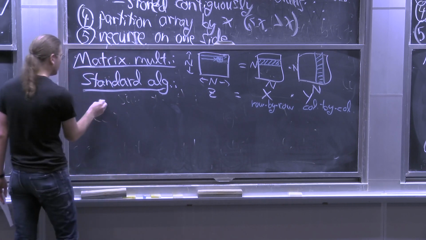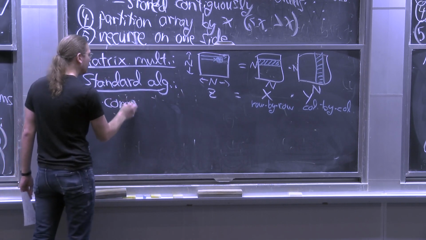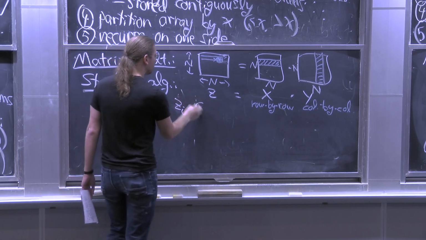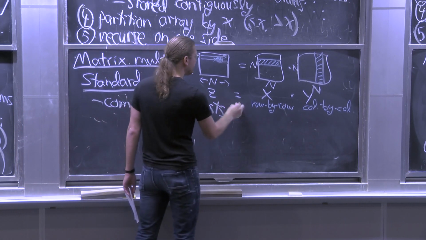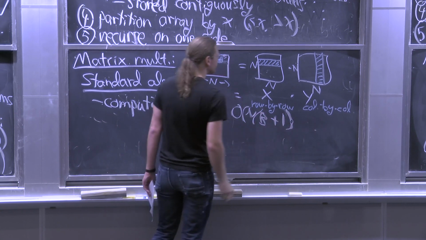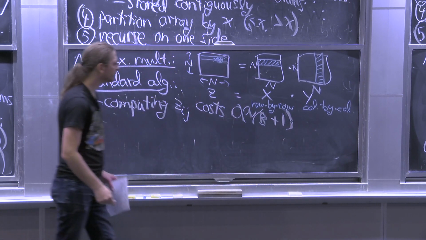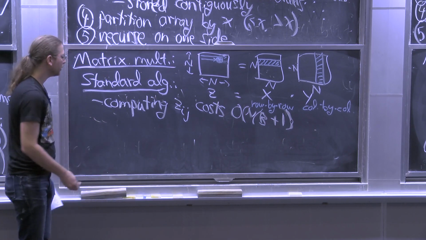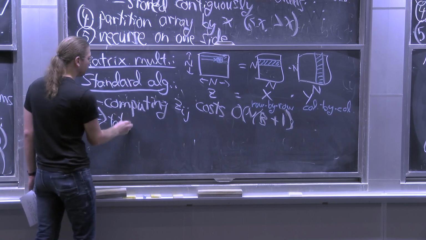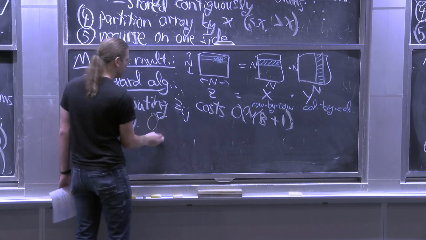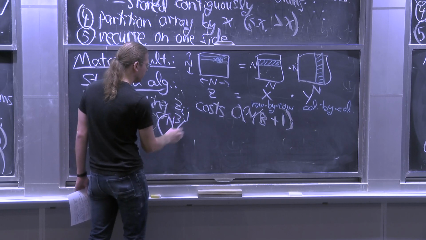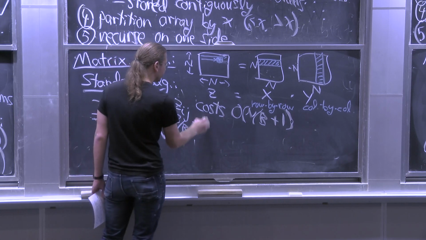I claim that computing Z_ij costs n/B, and so maybe plus 1. Again, these are n by n matrices, so the total size is n squared, which means the total cost is what? n cubed over B plus n squared, I guess.